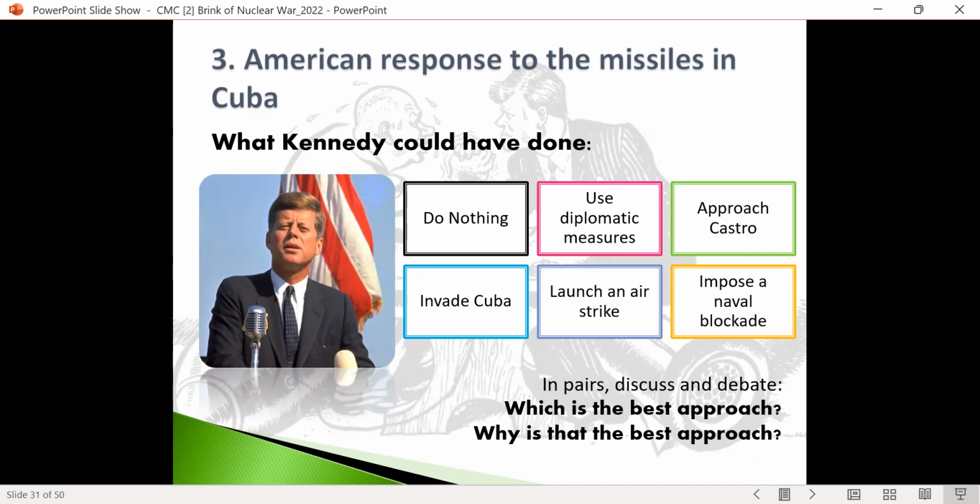Will you invade Cuba, knowing that you had already tried to invade Cuba twice and failed? Would you launch an airstrike? An airstrike is different from a nuclear strike. Airstrike means bombing, like the bombing in World War II. Or would you impose a naval blockade? Naval blockade, thank you very much. So you're just explaining everything.